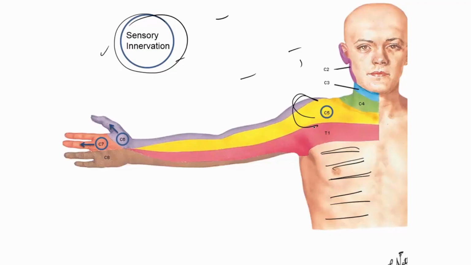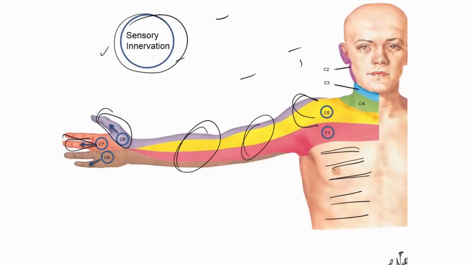If it's C7, the best way to test it is through the middle finger. As the nerves come down more distally, those spinal segments get distributed more separately, if you will. So it's easier to test those downstream. You can see that some of those spinal segments are indicated here in the forearm and even in the arm, but it's much easier to test them down more distally where they separate from each other better.